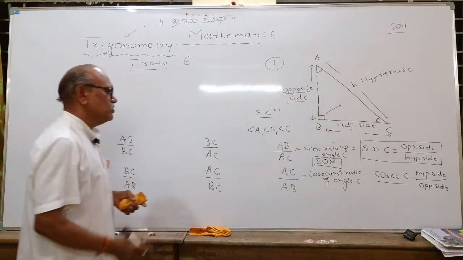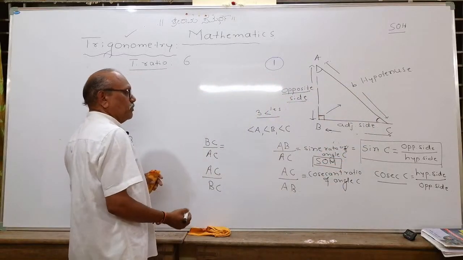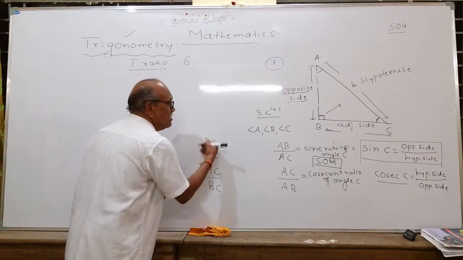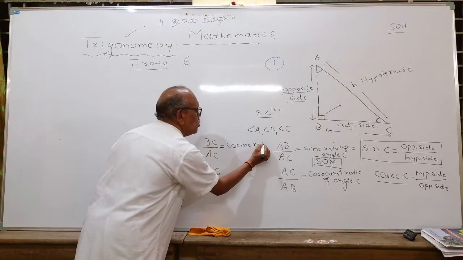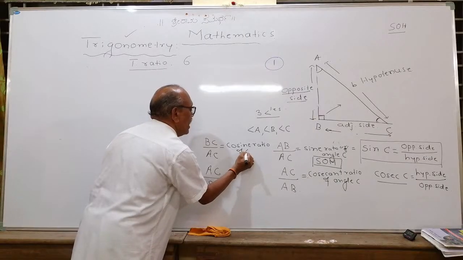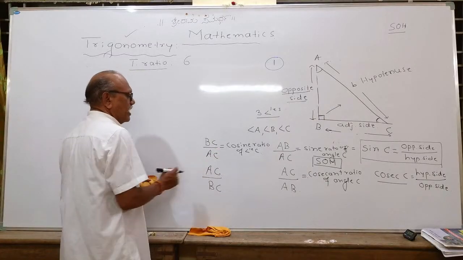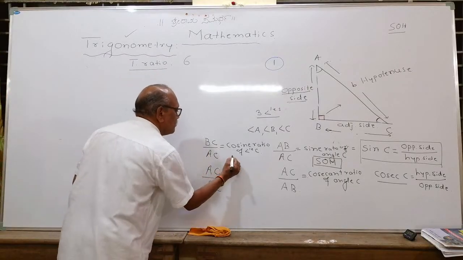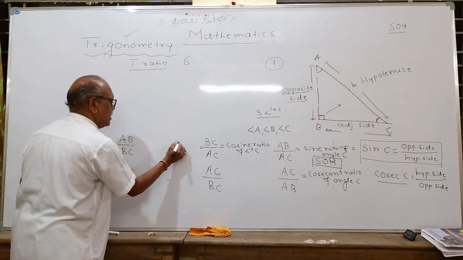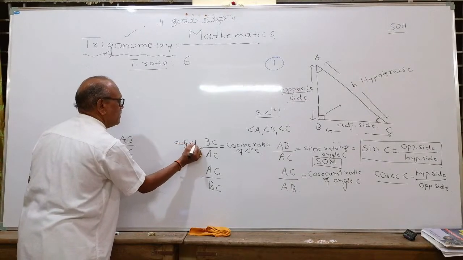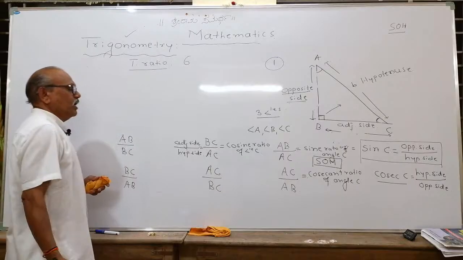Observe carefully: BC upon AC means adjacent upon hypotenuse, and this ratio is called the cosine ratio of angle C. It can be simply written as cos C. BC is the adjacent side, so cos C is adjacent side upon hypotenuse side.